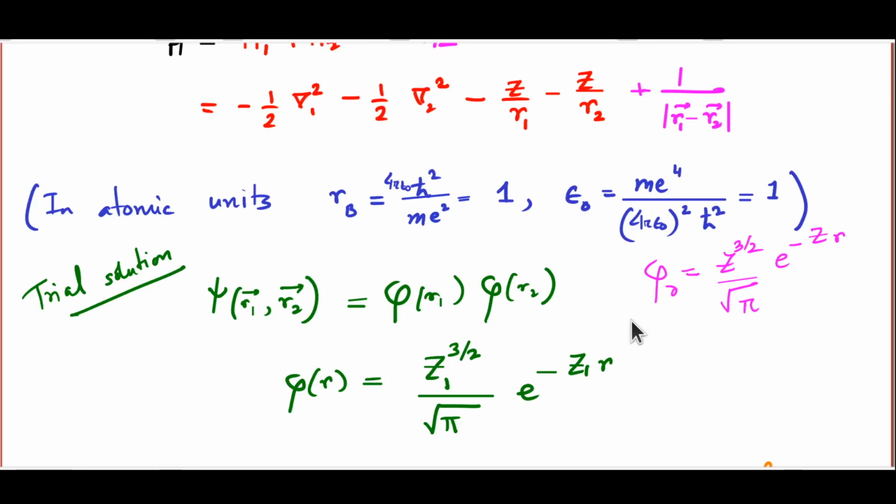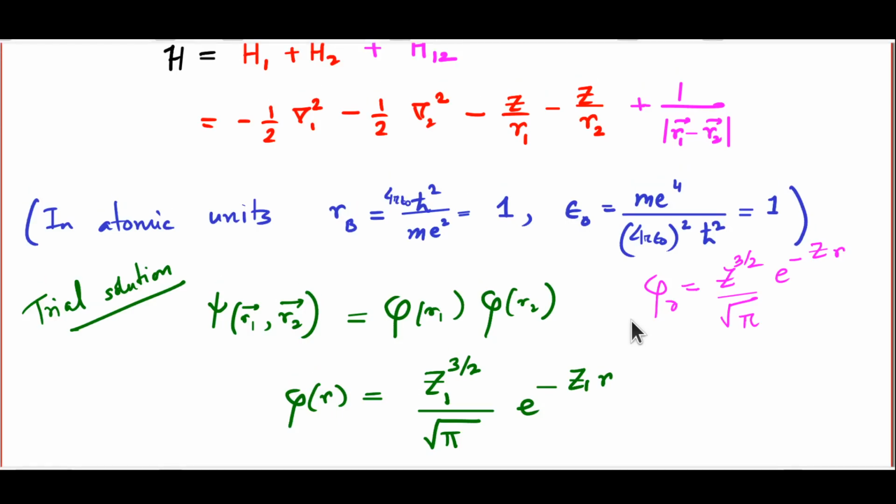So it sort of stands to reason that what each electron will see is something like a nuclear charge which is slightly less than Z. So what we expect is that we will end up with a wave function which sort of looks like the hydrogenic wave function, but with a Z which is not the nuclear charge but slightly smaller. Z1, as we will soon see, turns out to be less than Z, and that sort of captures the fact that the other electron is screening the nucleus and hiding some of the positive charge of the nucleus from this electron.